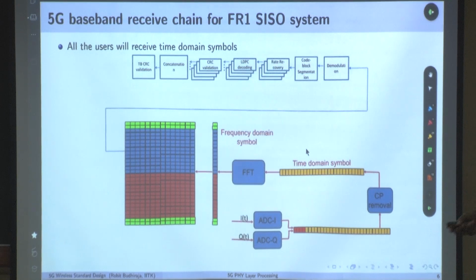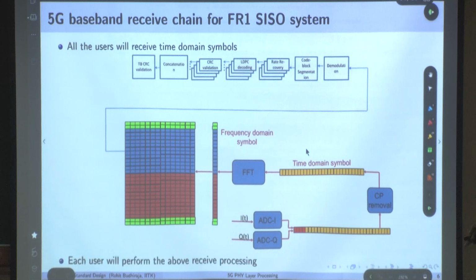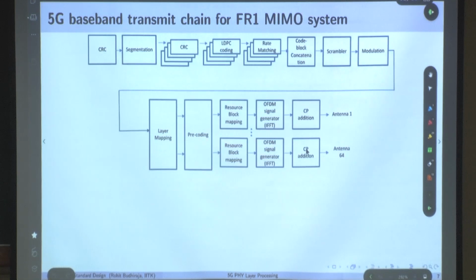I have not shown the RF chain, but the signal will be down converted and fed to the ADCs to get the digital signal, remove the CP, take the FFT, and create this grid. User 1 knows this is its data, user 2 knows this is its data, and they do the rest of the process. So each user will perform the above receive processing. There are 2 users, both will process separately, and that's how data is transmitted.